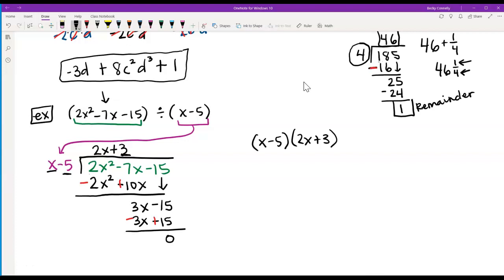Because there's no remainder left here. And so I know these two things multiplied together give me that, because multiplication and division undo each other, right? But that only works when we get a 0 here for our remainder. Okay? Okay, what questions can I answer on that one?